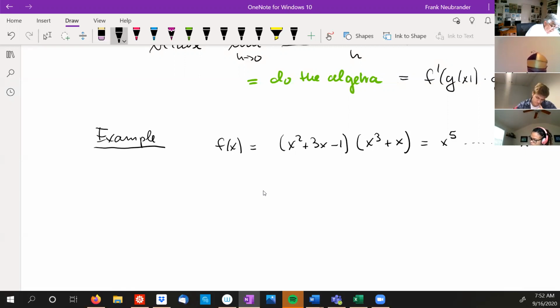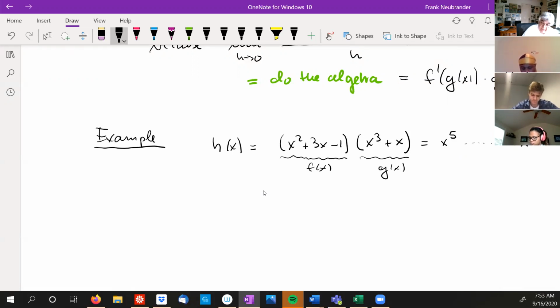Now the product rule says, I'm sorry, let me call this h of x. So h of x is f of x times g of x. So the function h is a product.